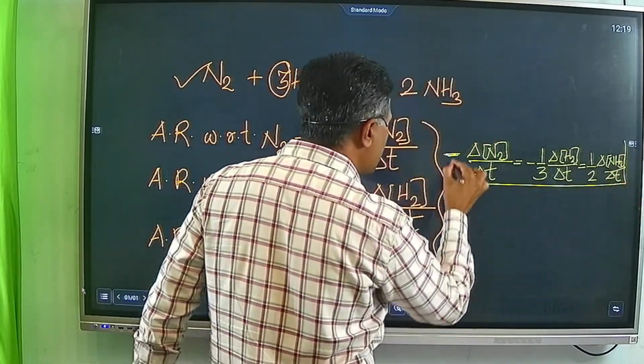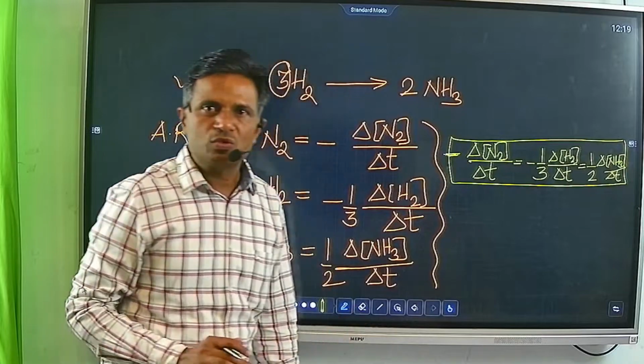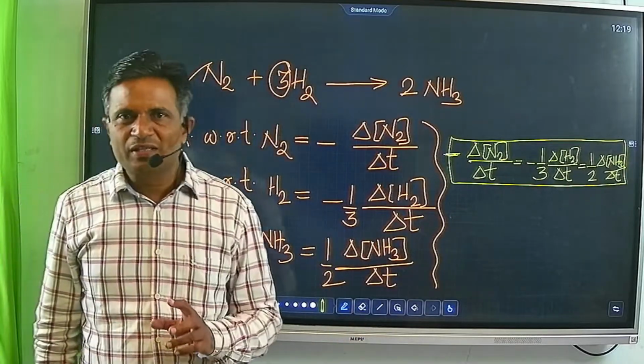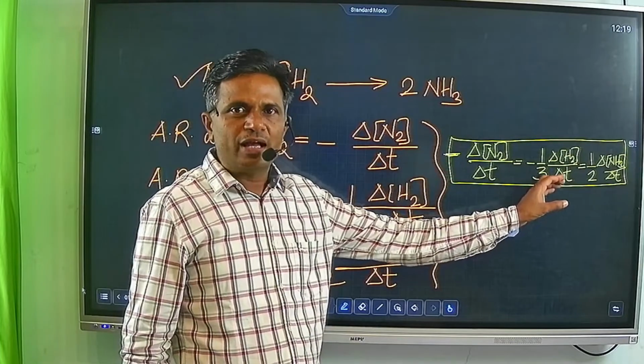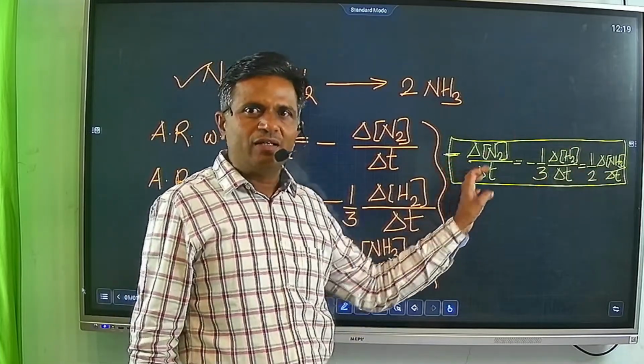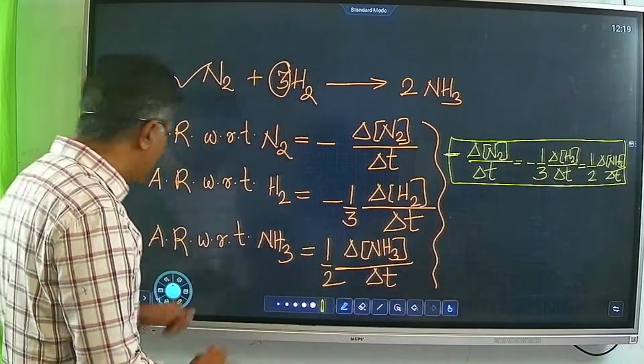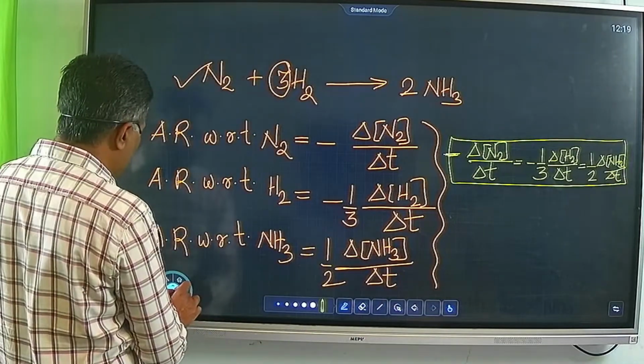Means these three rates are equal. So this is how we can express the average rate with respect to any reacting species, either reactant or product.